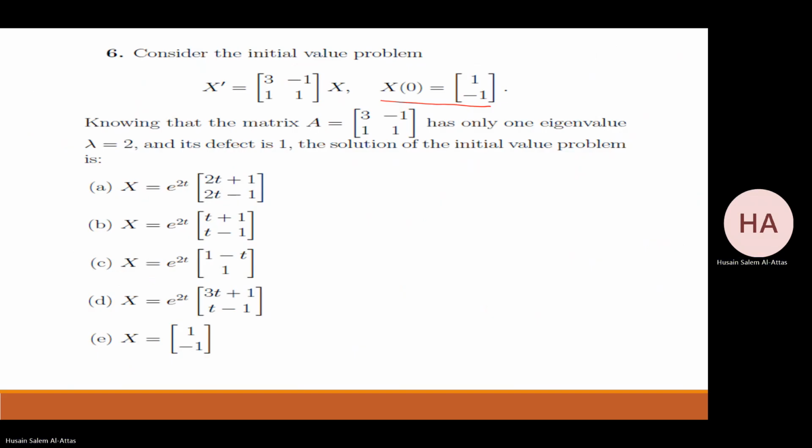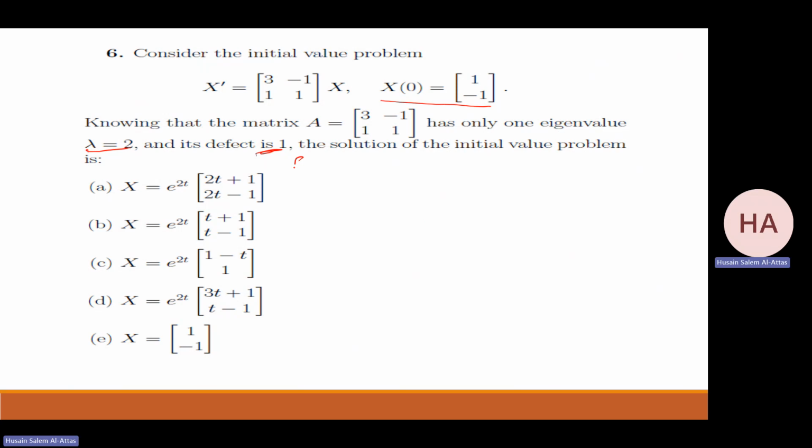This is the question where we have an initial condition. He told you that we have only one eigenvalue, lambda equal to 2, and defect 1. So right away, I need to choose U1.